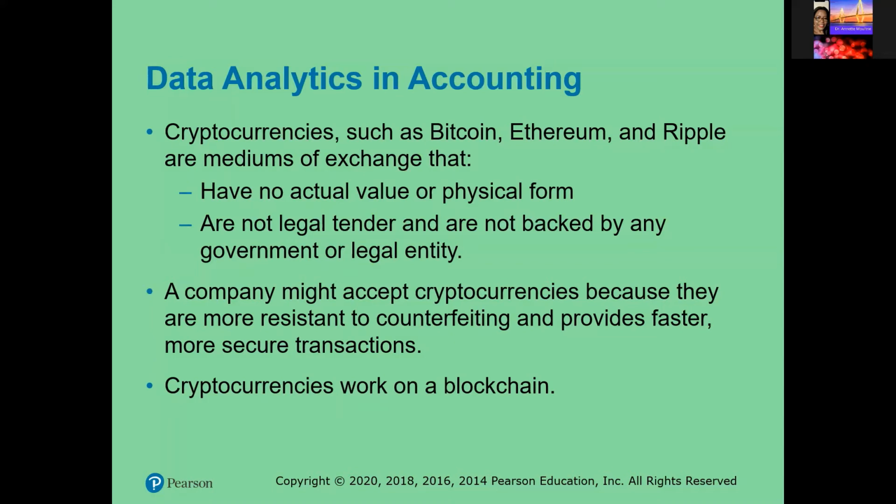Cryptocurrencies work on a blockchain, or a list of all of a cryptocurrency's transactions. So the blockchain allows companies and individuals to transfer financial resources across the internet without using a third party, such as a bank, and without sharing company and personal data.